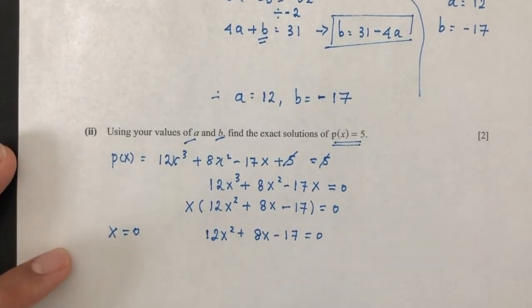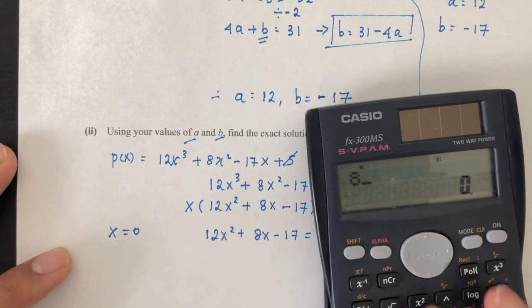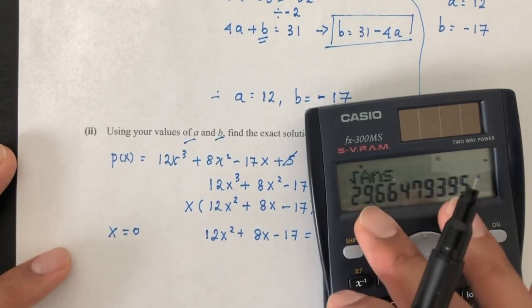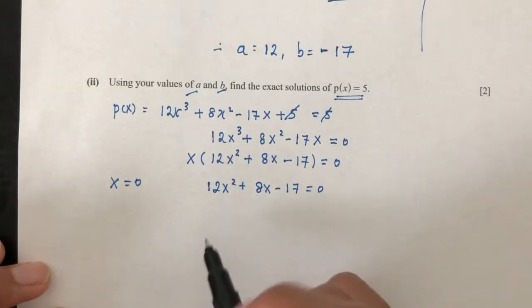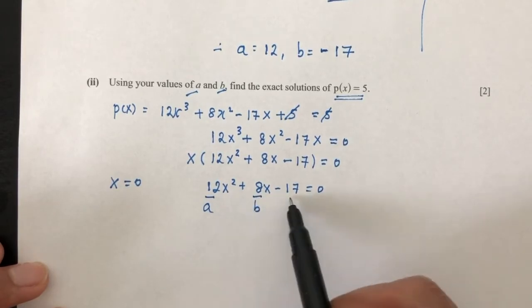So let's check to see if they have any exact factorization. So b squared minus 4ac will be 880, square root of that. It is not exact, so we have to use the formula. Formula, a is equal to 12, this is a, b, and this is c.